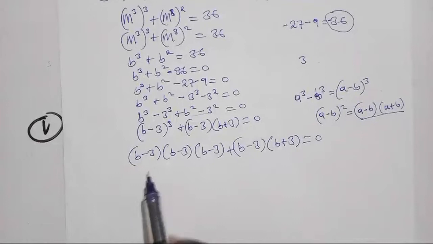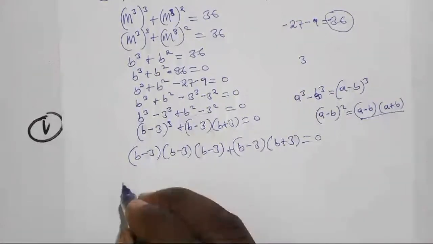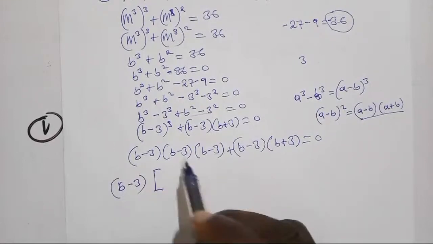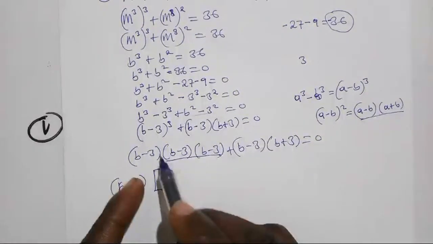Then here, if you can see, we have b minus 3 here and b minus 3 here. So we can factor out b minus 3 in the bracket, then open square bracket, then we have remained with this term here, because we have excluded this one here.